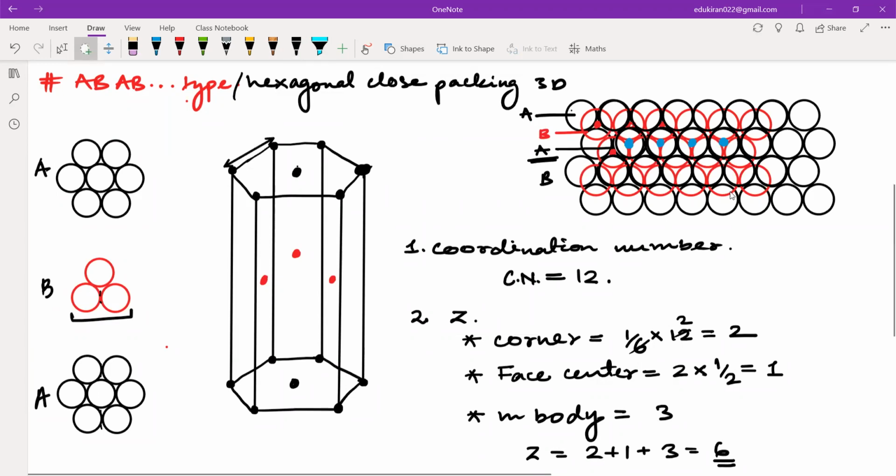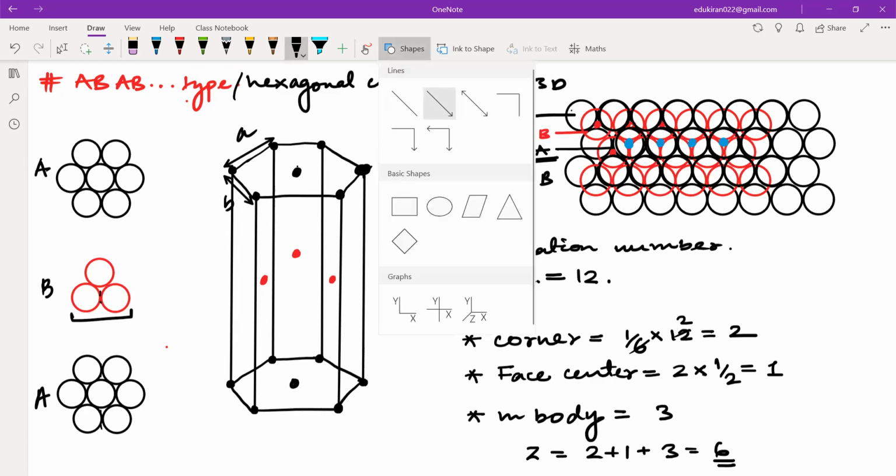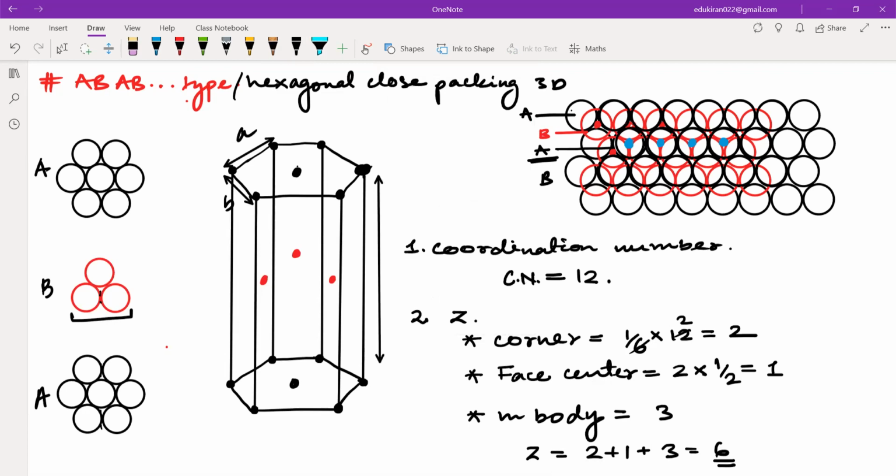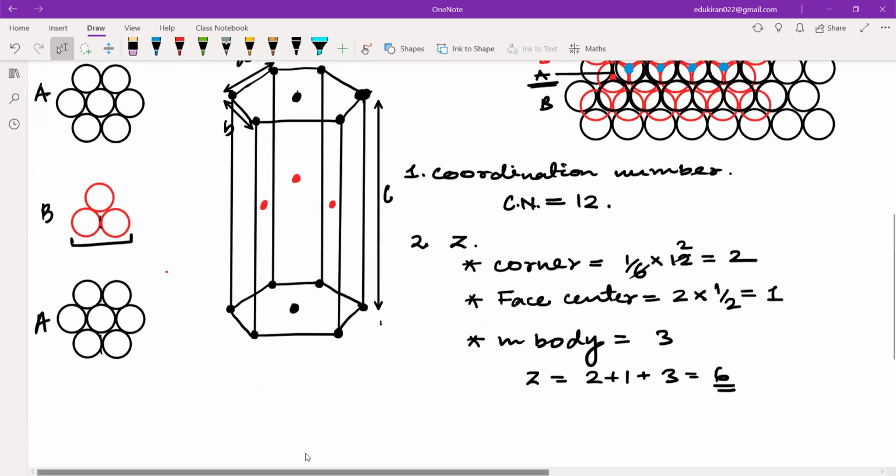So if I say that this is A, and if I say that this is B, then this height here will be C. So we have A, we have B, and we have C.